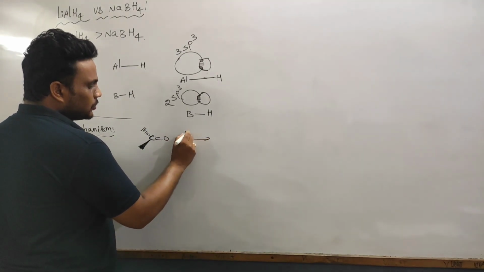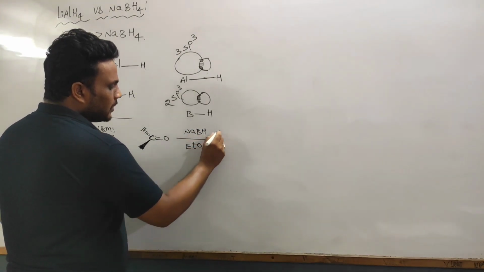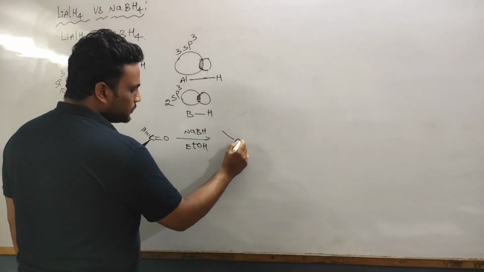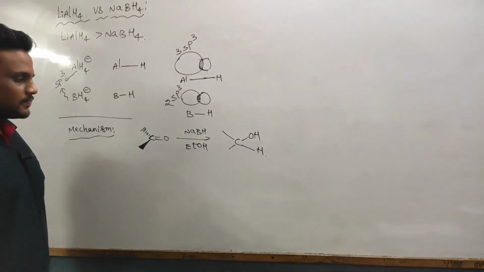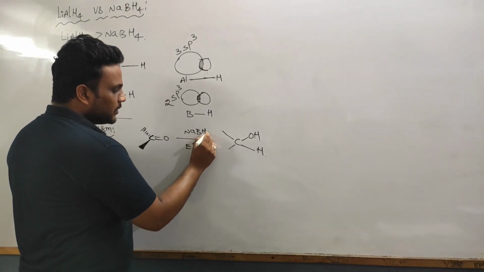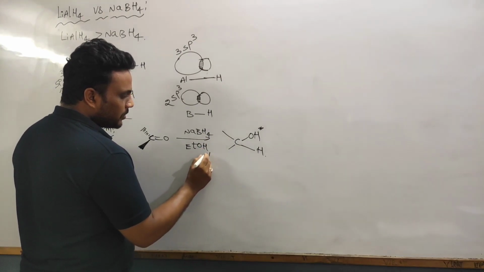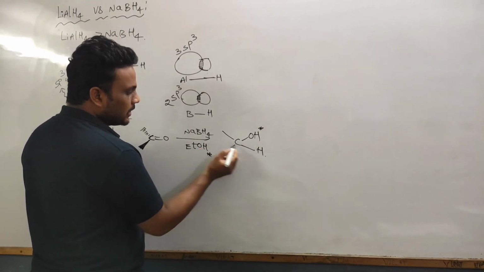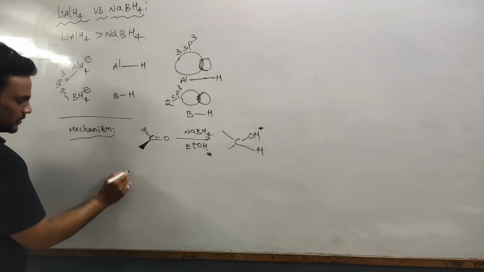When we take sodium borohydride along with ethanol, it gives this particular product. Make sure that this hydrogen comes from alcohol and this hydrogen comes from our reducing agent. What is the mechanism of this reaction, sir?